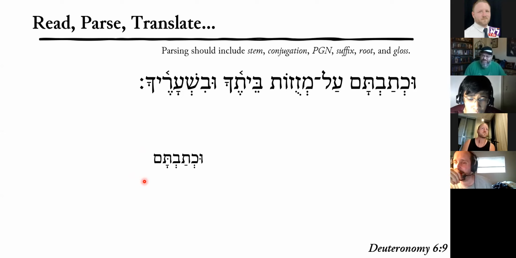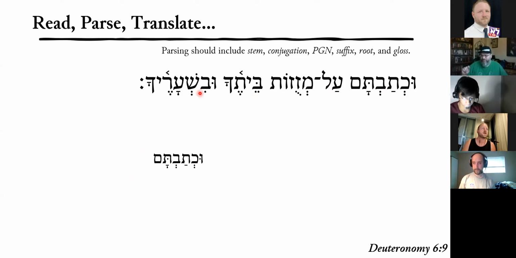Uchtavtem. Yeah, uchtavtem. The difference is a tam and a tem. So uchtavtam is you singular will write them, but uchtavtem would be you will write with no object. Great. So you shall write them upon the doorposts of your house, or the door frames of your house, and in your gates.